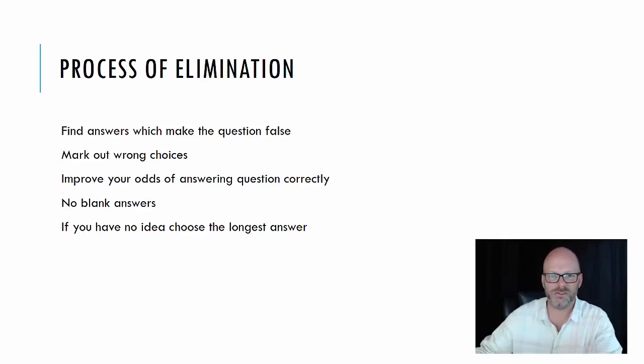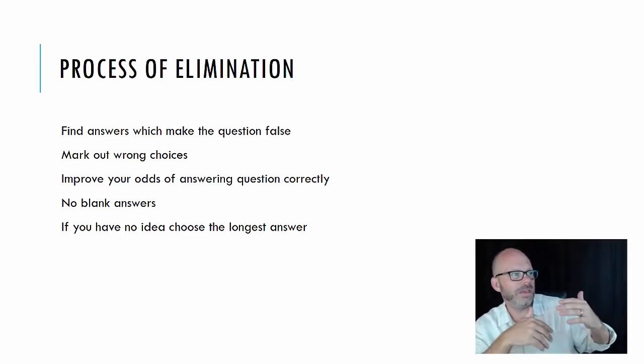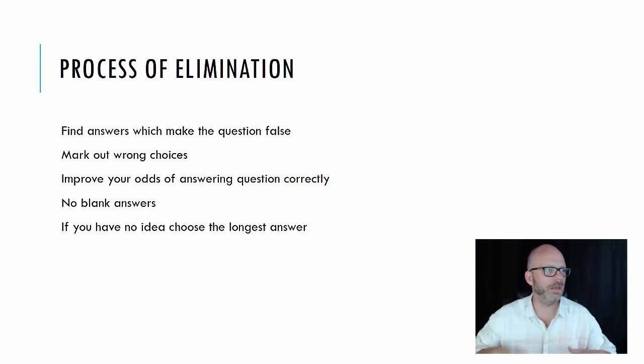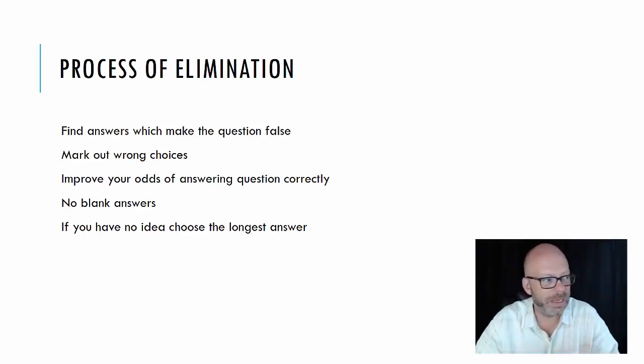And then I would do the same thing and try to narrow it down to just 2 choices. And then I would look at the question and then read those answers. And based on the answer, would it make that question false? Would it prove the question to be wrong? So this helps you improve your odds of answering a question correctly.